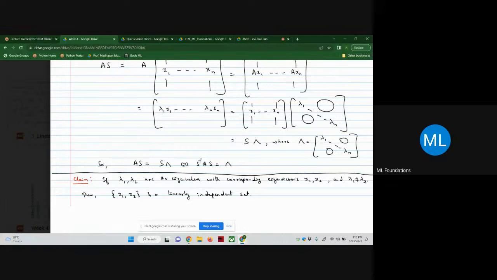For an orthogonal matrix, S inverse is equal to S transpose. So instead of S inverse, you are going to get S transpose A S is equal to lambda. So for the specific case of symmetric matrices, you will not just say it is diagonalizable, you will say it is orthogonally diagonalizable. We'll talk about the diagonalization of symmetric matrices in a bit.